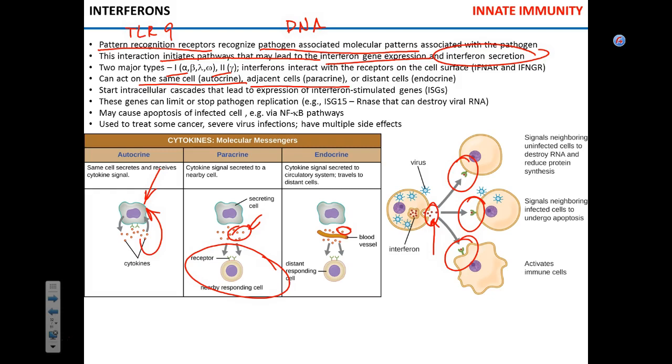In a patient with an infection, you can detect interferons in the blood, meaning that they act as hormones in the endocrine fashion, triggering responses in the distant cells. Does that make sense?